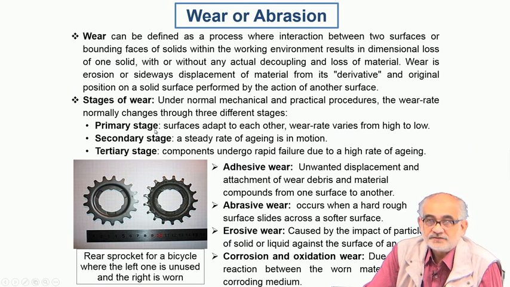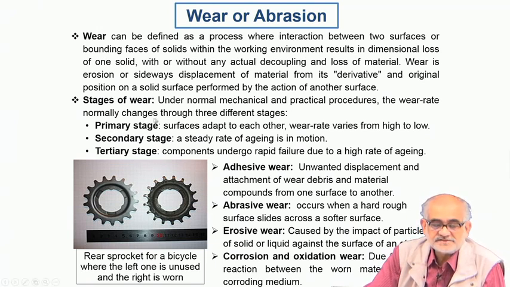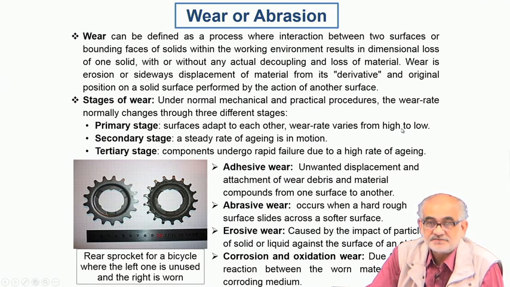So no matter whether it's a dry or lubricated condition, as a function of time under comparable conditions, say at room temperature, not at elevated temperature, we'll always see stages of wear. The primary stage, where asperities will interact with each other, and the wear rate can be anything from very high when you have very large asperities and very hard and brittle surfaces, to very low when you have relatively flat surfaces.